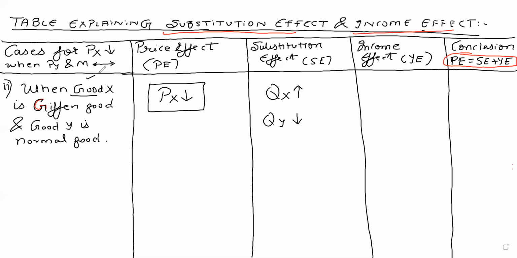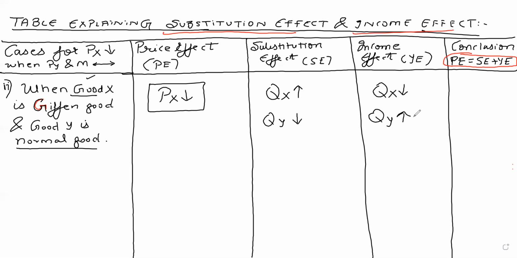No. That means QX will fall, but good Y is a normal good. Your purchasing power has gone up, so you will buy more of the normal good. All you need to do, students, is follow the logic.